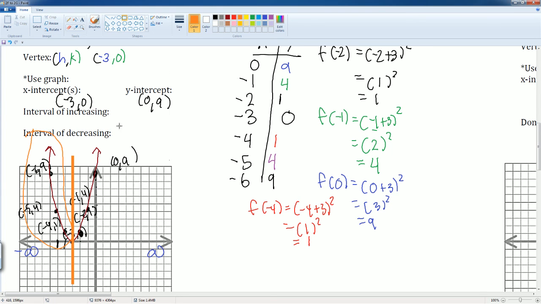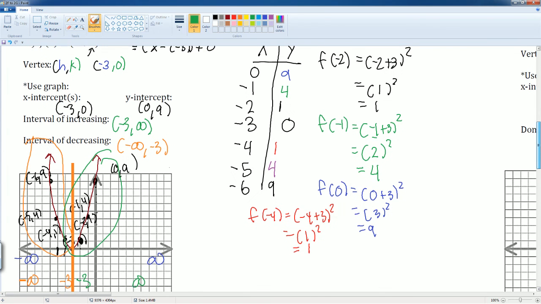So it is decreasing from negative infinity all the way to negative 3. Then it starts increasing at negative 3 all the way to positive infinity.